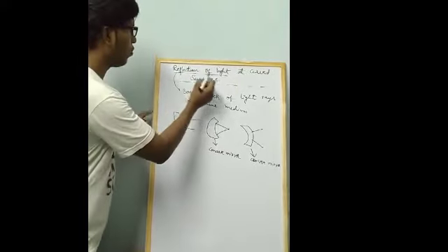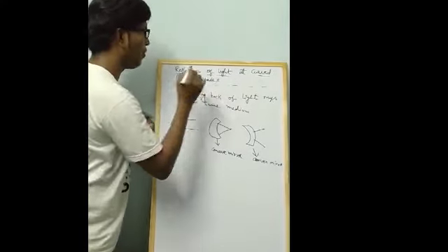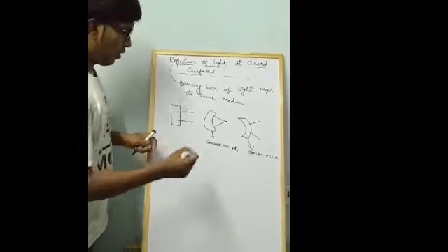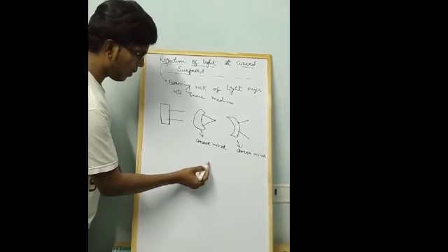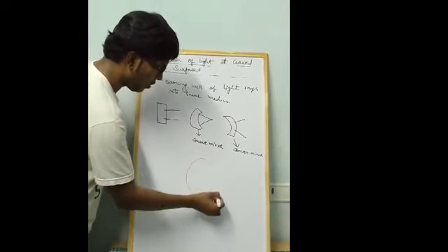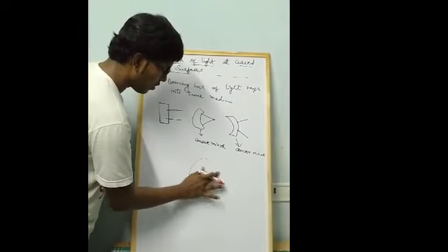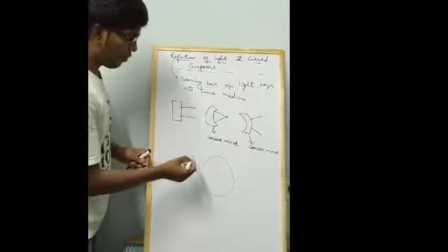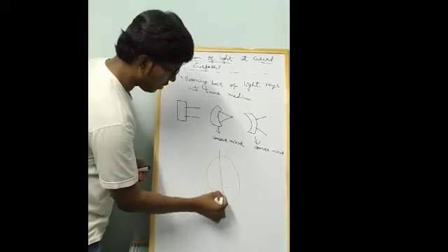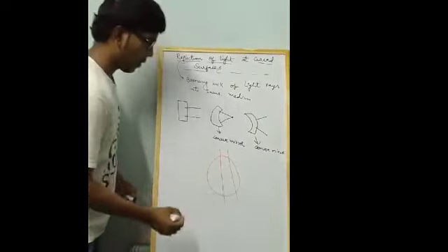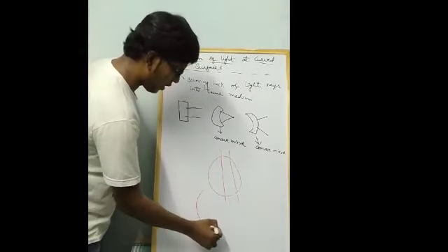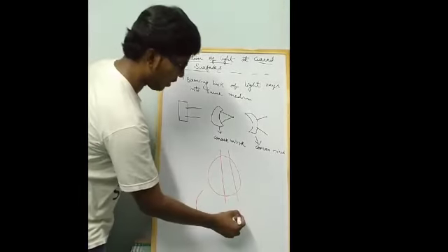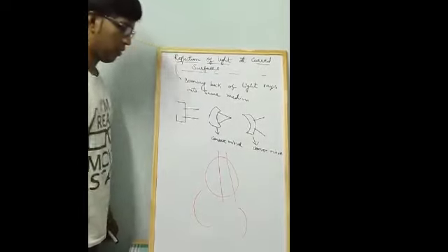Now let us learn about curved surfaces. Let me explain with an example. Assume that this is a spherical mirror. If I divide this spherical mirror into two parts, on the left side I will get this type of structure and on the right side like this.